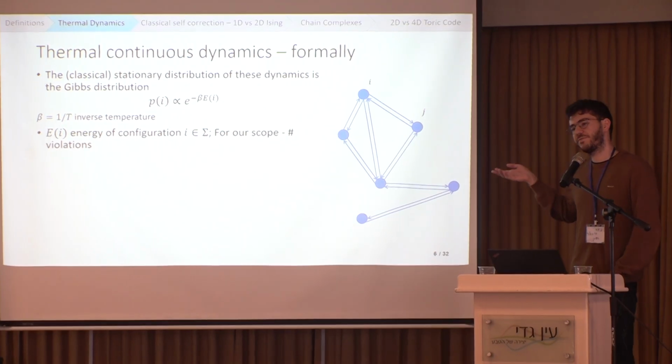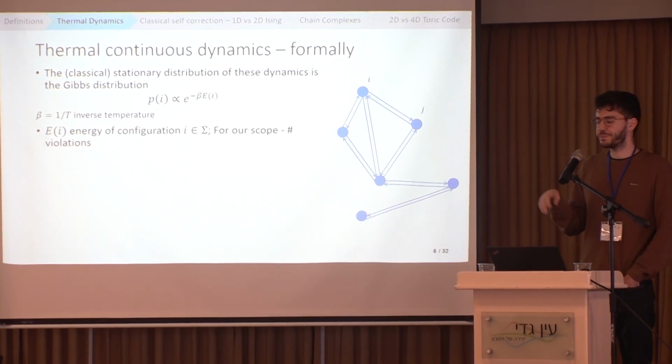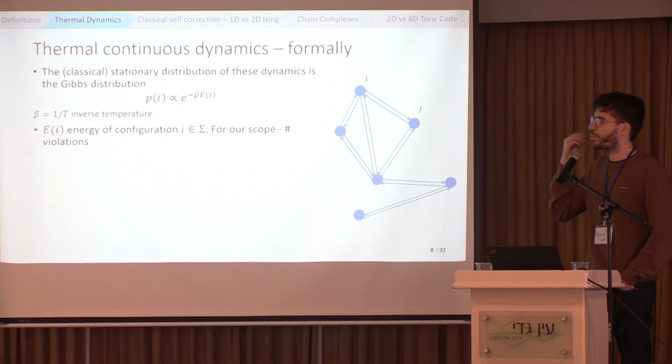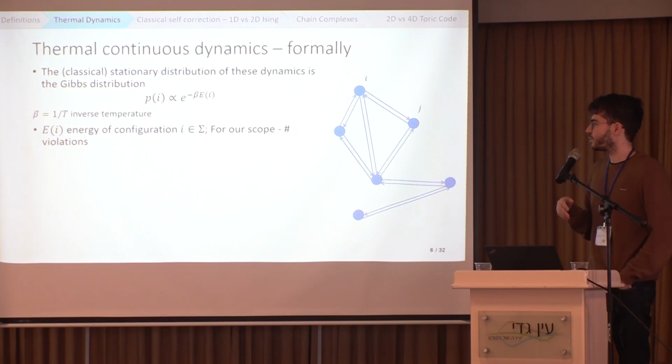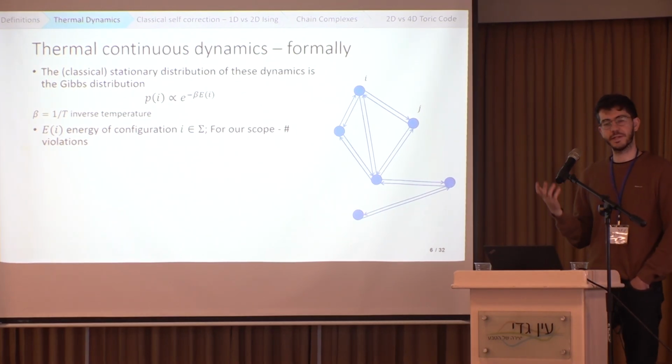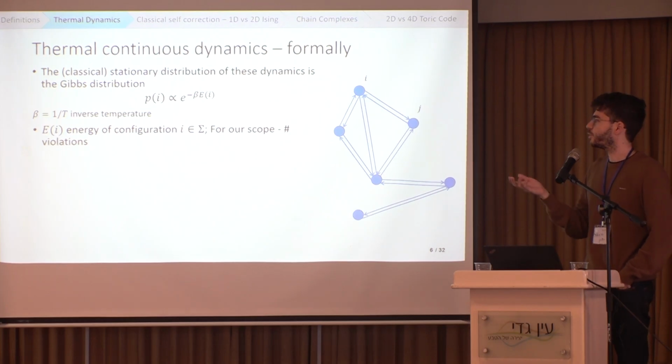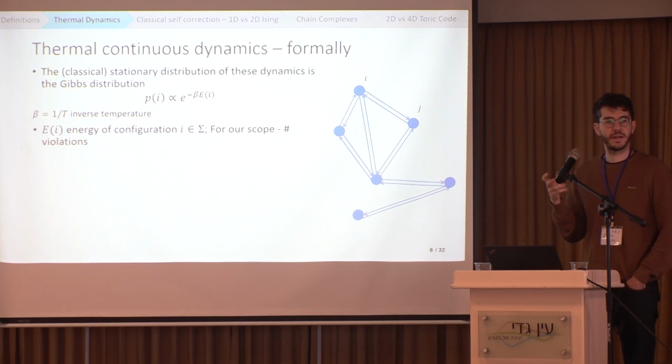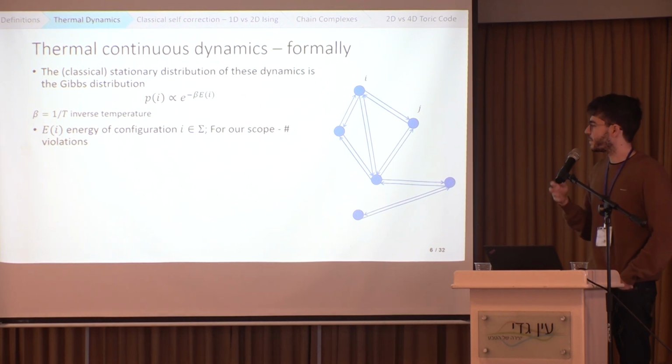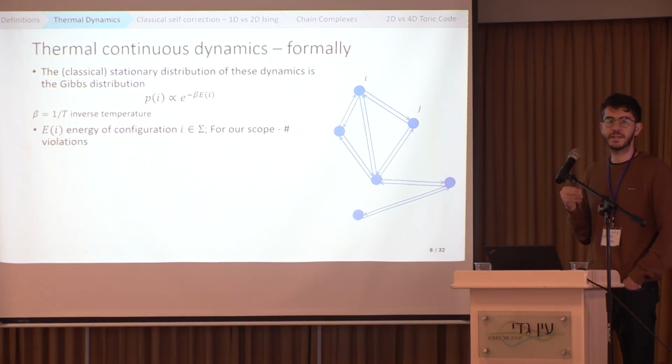For the scope of our talk now, it's good to think of energy as just the number of violations. The Hamiltonian assigns energy to a configuration, which is the cost of a specific configuration. And in this context also, the Hamiltonian does not do anything to the dynamics.